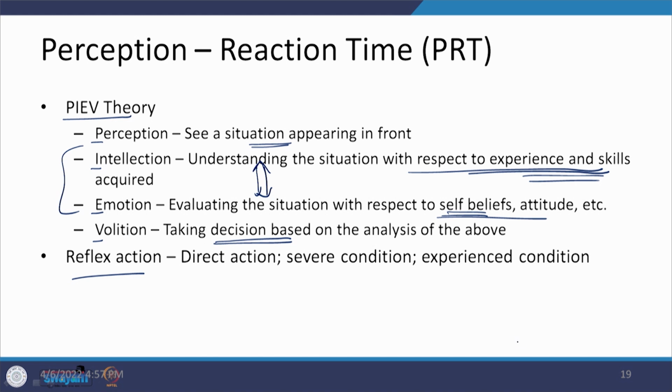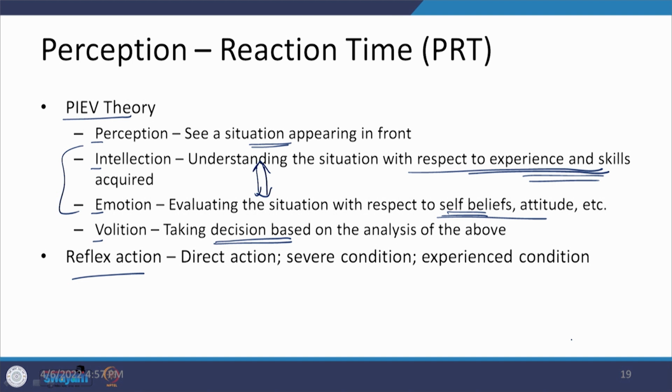So now the decision taken, okay, I am going to apply the brakes, or I am going to change the path, or I am going to reduce the speed of the vehicle, so that by the time I reach that location where the object is, I will be able to cross that location without creating any hazardous situation. But in some cases, the situation may appear all of a sudden, and you do not have time to keep doing something in this area, and that is where this reflex action will come into the picture.